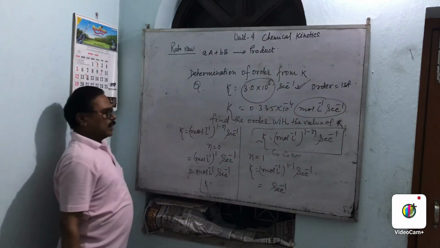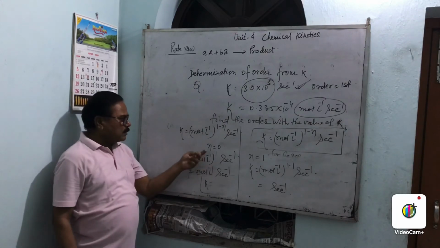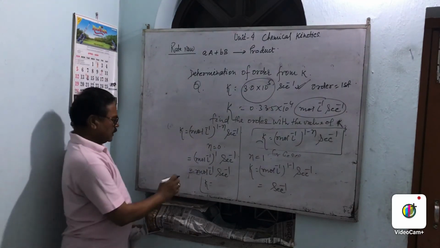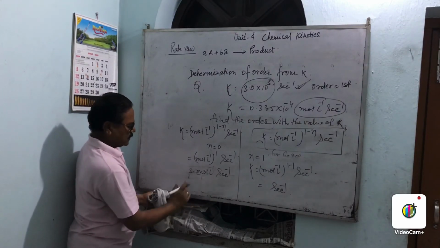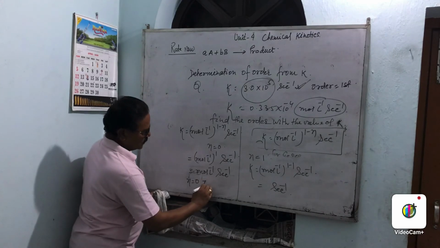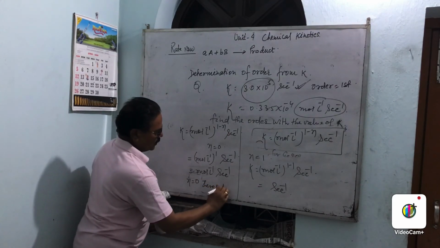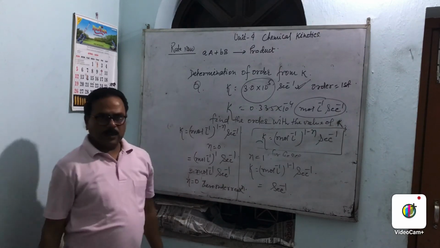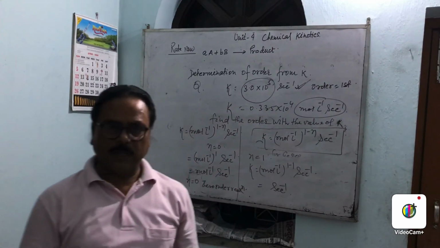Mole per liter per second. It comes when we put the value of n as 0. If you put n is equal to 0, that's why this is a zero order reaction. Zero order reactions, right?